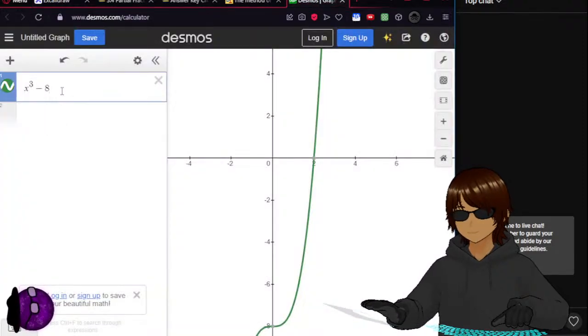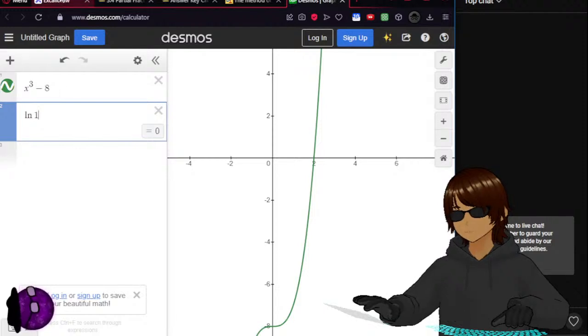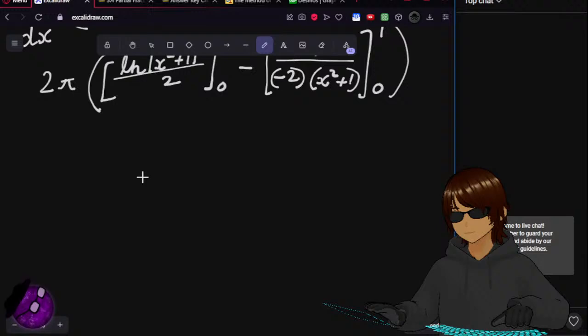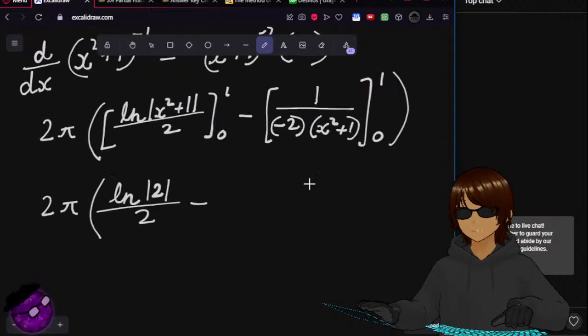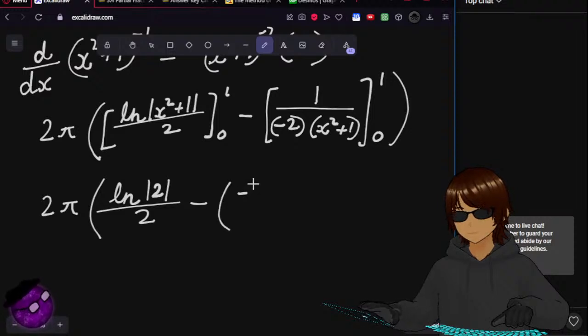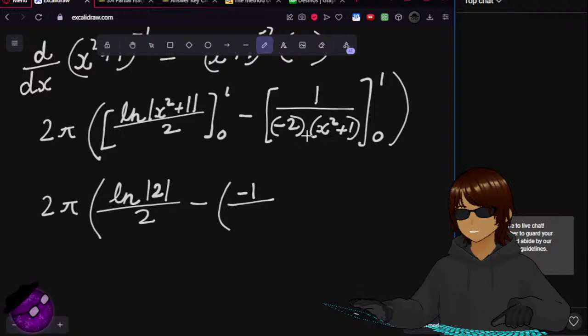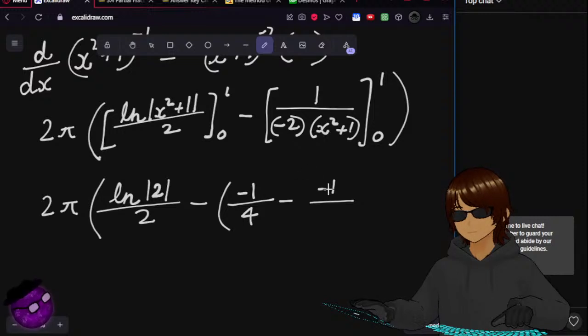Ln of 1 is 0, right? Minus it with, if I have 1 over here, 1 plus 1 is 2, 2 times 2 is 4, and then minus that with 0 over here, then I'm left with 2.